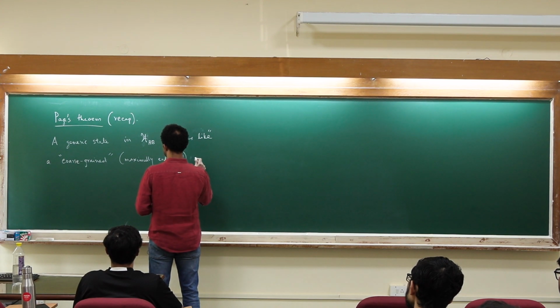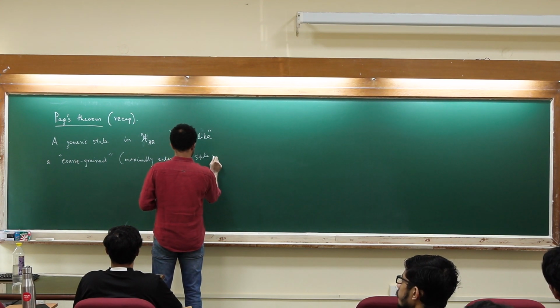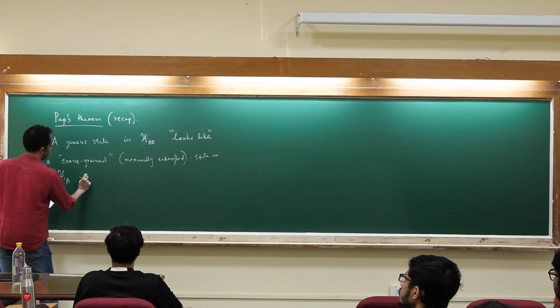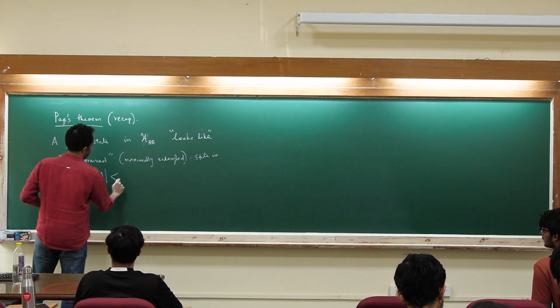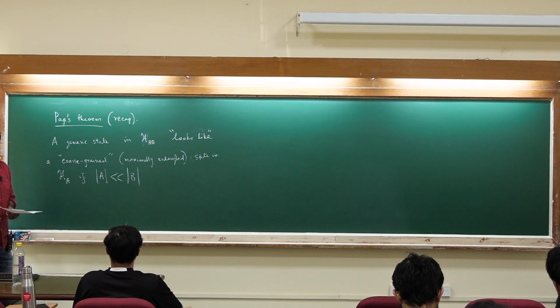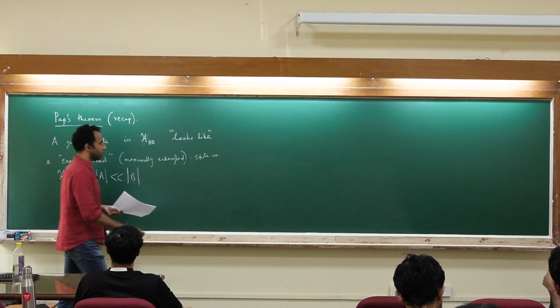In H_AB, a generic state looks like a coarse-grained state in H_A if the dimensionality of A is sufficiently smaller than B. So this was our statement. Okay, and this is what Page basically proved.